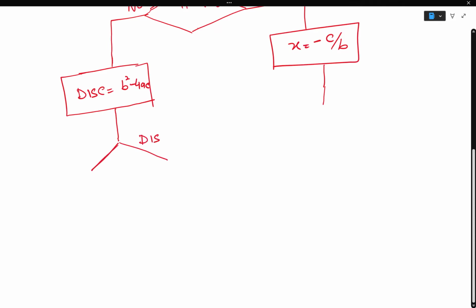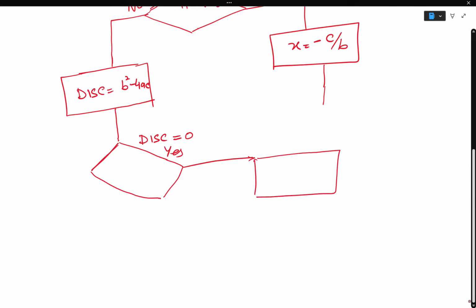I say discriminant is equal to 0, right? So in this case, if this is true, yes, then our calculation will be x1 equal to x2, and it is equal to minus b over 2a, right?